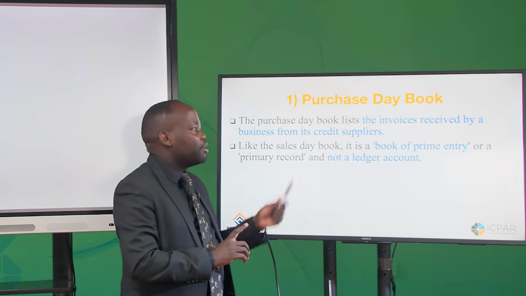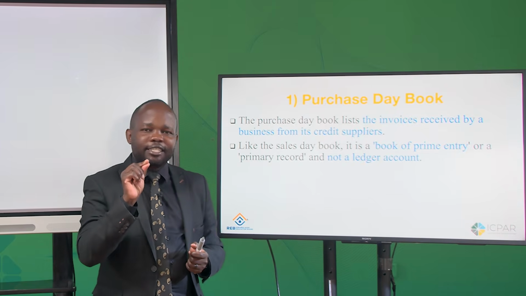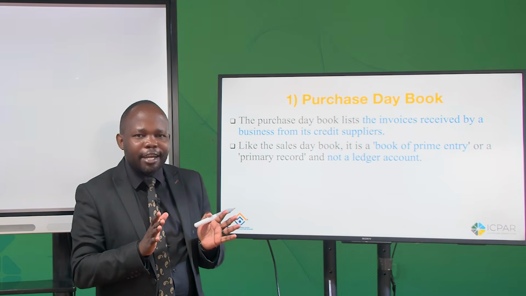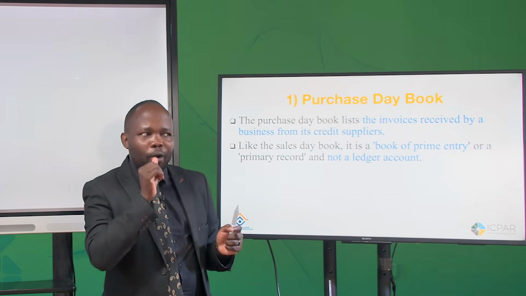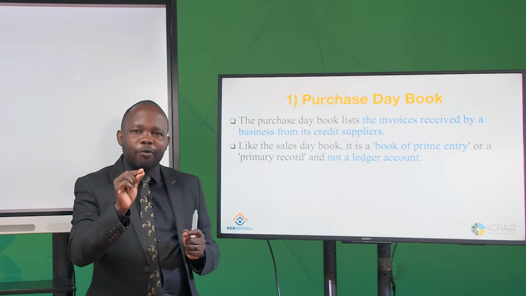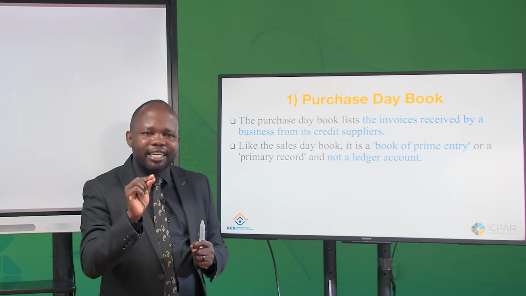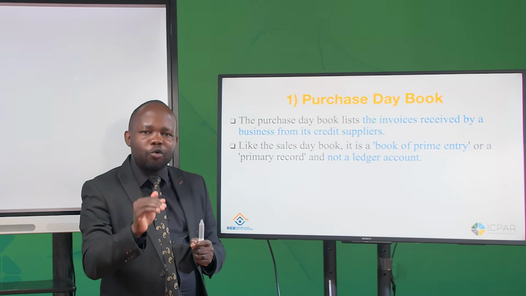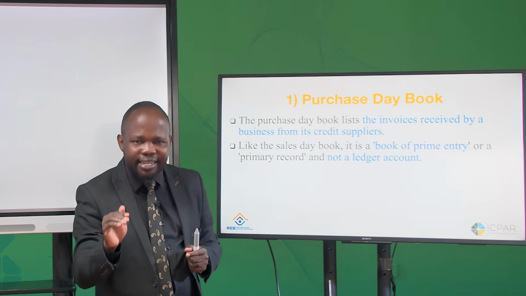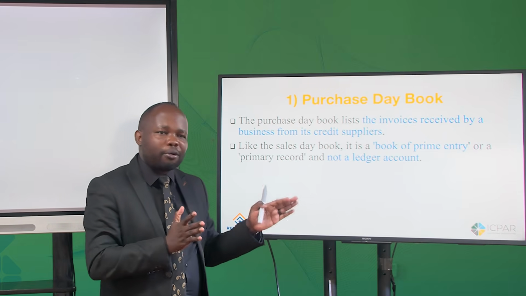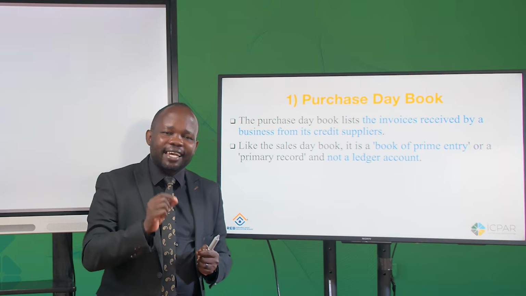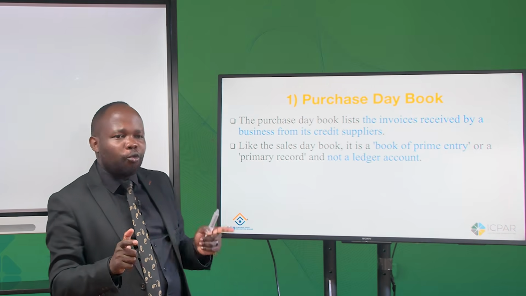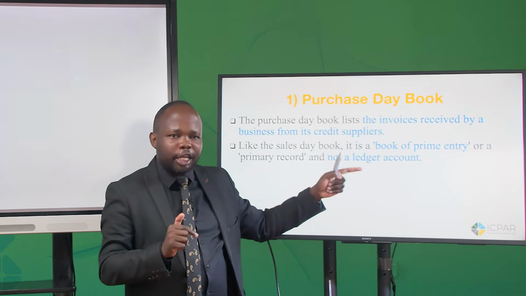Purchase day book, if we start with that. In a purchase day book, these entries are recorded when we have what we call credit purchases, when we buy goods on credit. It's the opposite of when we sell on credit. When you sell on credit, we post in a sales day book.